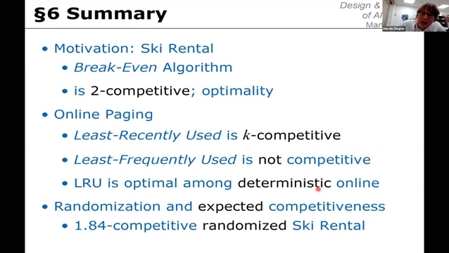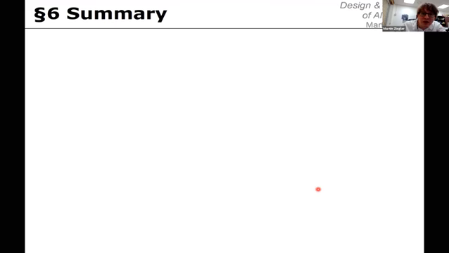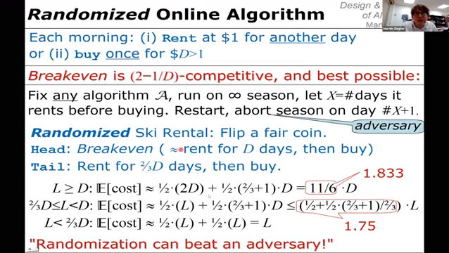And I encourage you to design and analyze an even better randomized algorithm for the online ski rental problem. If you look at this algorithm and its analysis, you will see that the number 2/3 times d is kind of arbitrary.